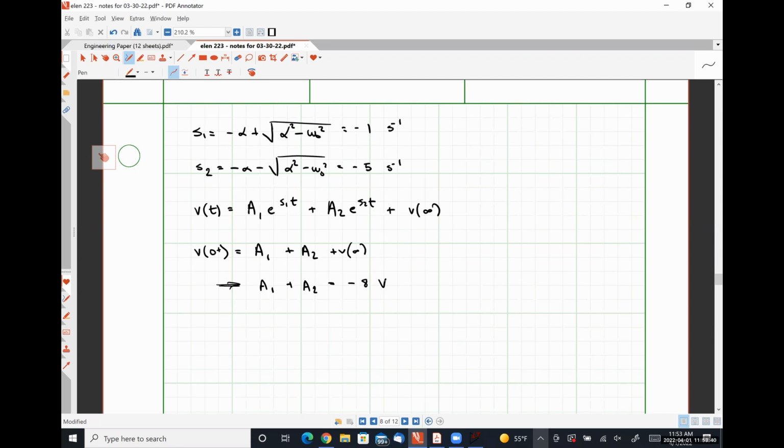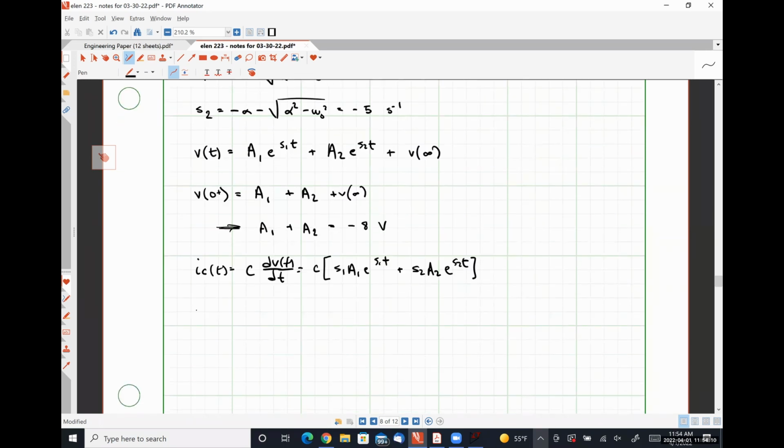Everybody okay with that? Our inductor current, IC of T, is C dV by dt, which is going to be C times S1A1 e to the S1t plus S2A2 e to the S2t at 0.